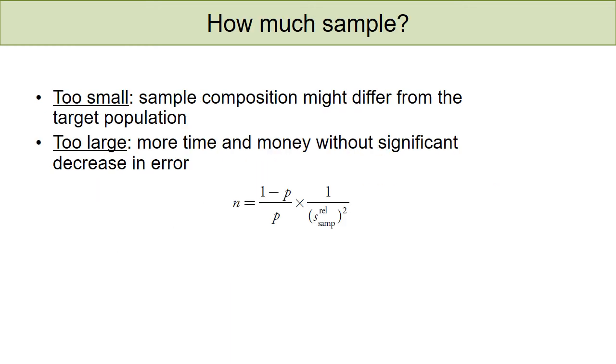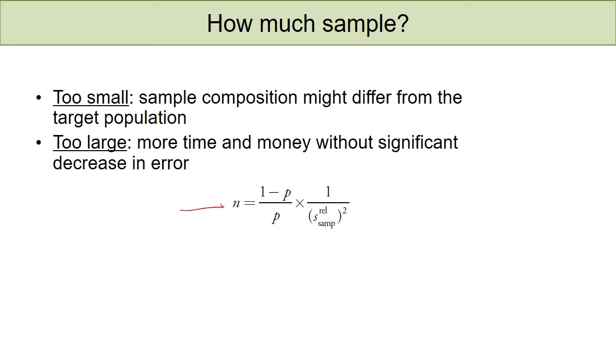Now, the last thing here involves a little bit of math, and it's the question of how much sample. You've got the two ends of this issue. If you take too small of a sample, then the sample itself might be a different composition from your overall population that you're interested in. If you take too much sample, then you might be spending too much time and money without any additional information. So there's a formula here, and I'll help you define the terms.